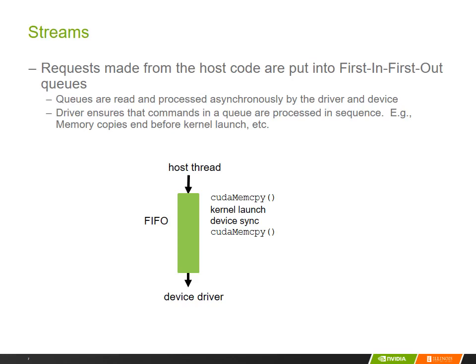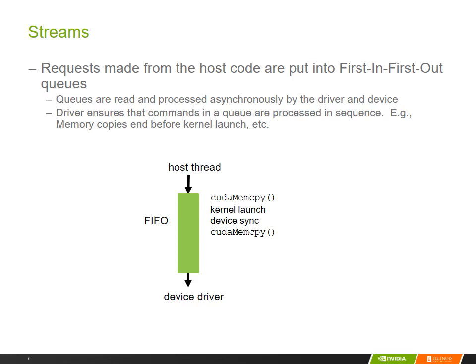Here in the picture, we show an example where we have the cudaMemcpy, device sync, kernel launch, and cudaMemcpy in the queue. We are showing the oldest command at the bottom and the youngest command on the top. So the execution will take the bottom cudaMemcpy first, and then do a device synchronization.